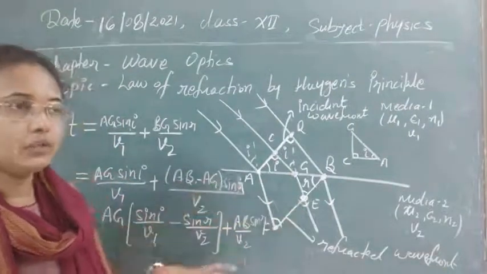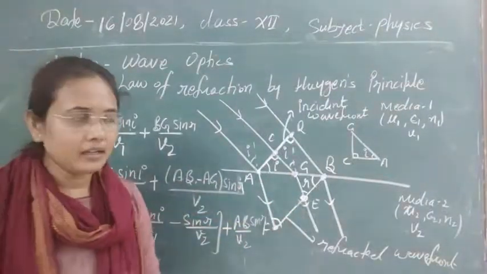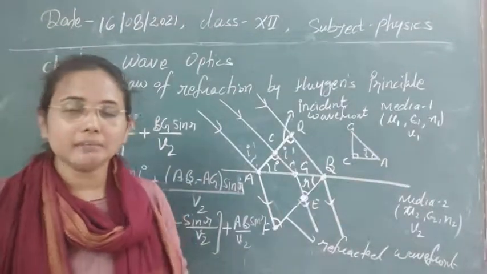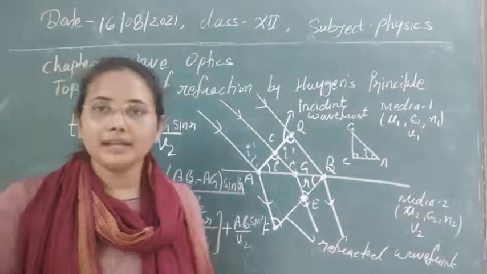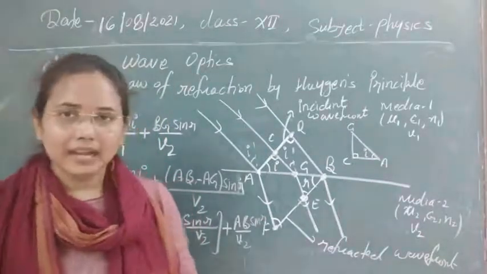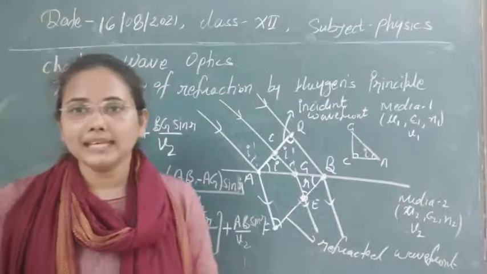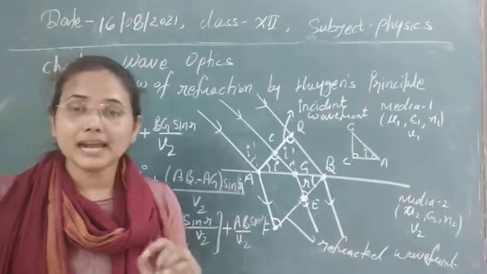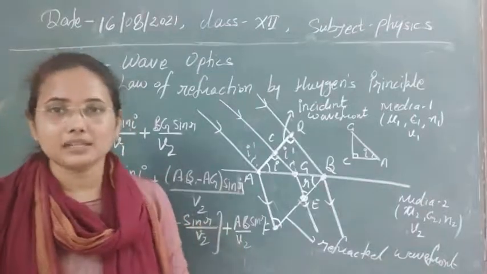Now we will come to the concept of Huygens again. According to Huygens concept, all the points reaching at any wave front that we have drawn will lie in the same phase, means they will reach at a single time.